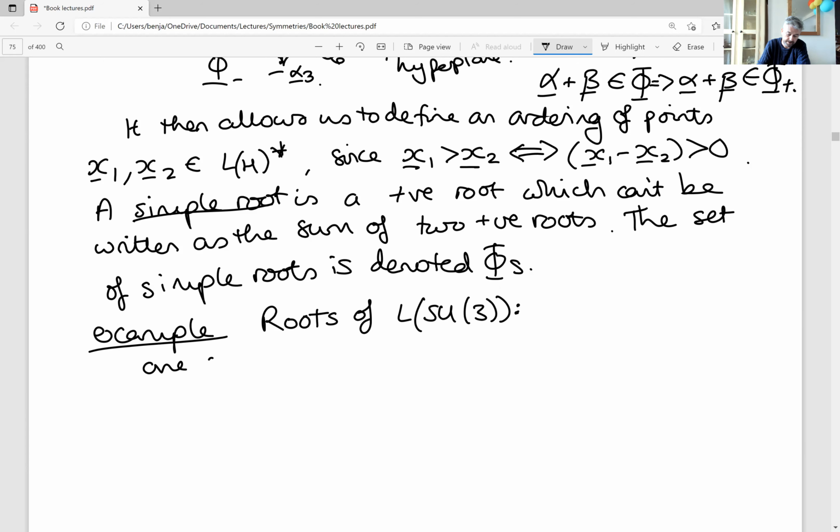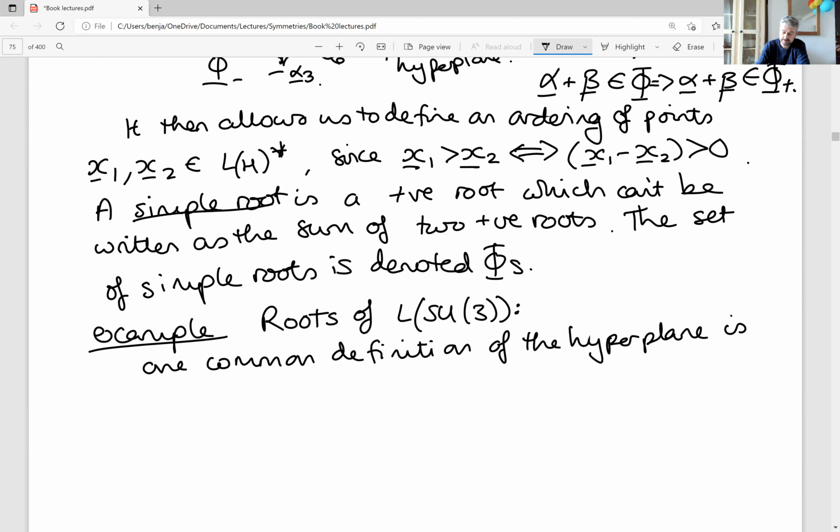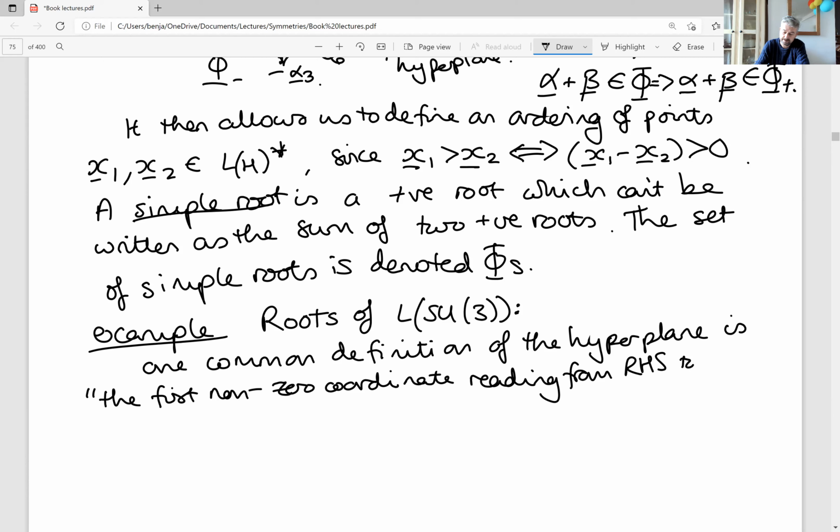So one common definition of the hyperplane, but it's by no means universal, is, we have a positive root if the first non-zero coordinate, reading from right to left, right-hand side to the left-hand side, is positive.